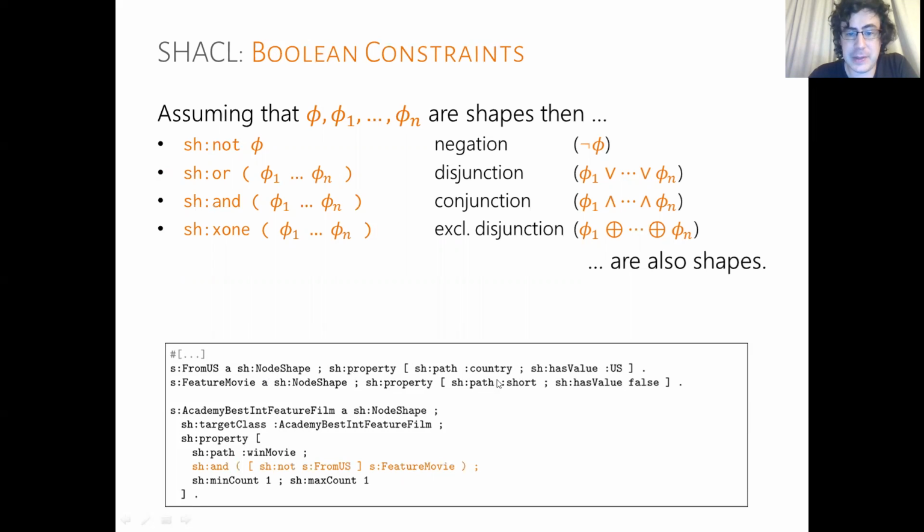So what we're defining here is we're using these Boolean connectives. We're going to say that this movie is an and, so it must satisfy these 2 shapes in here. It must satisfy that it's not the negation of from US. So we're saying it's not from the US, and it must be a feature movie.